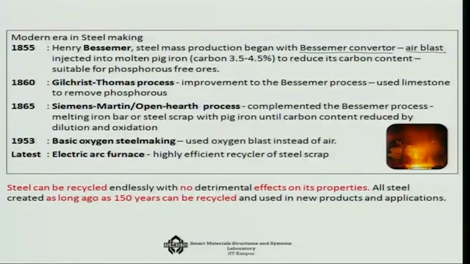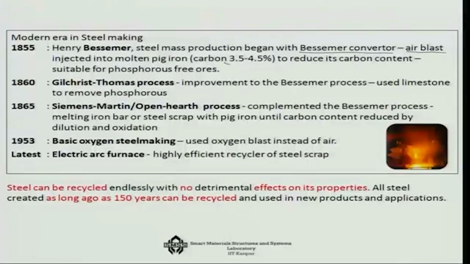If the carbon content is too high, it will be harder, but it will be very brittle. So, you have to have an optimal content of carbon, and that you do through hot air blasting, which actually converts some of the carbon to carbon dioxide.